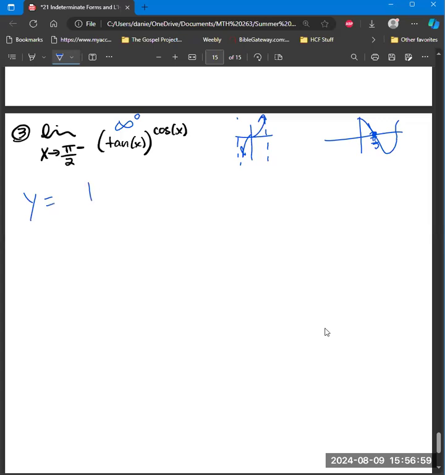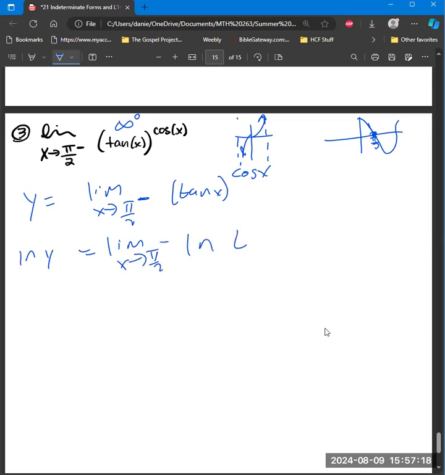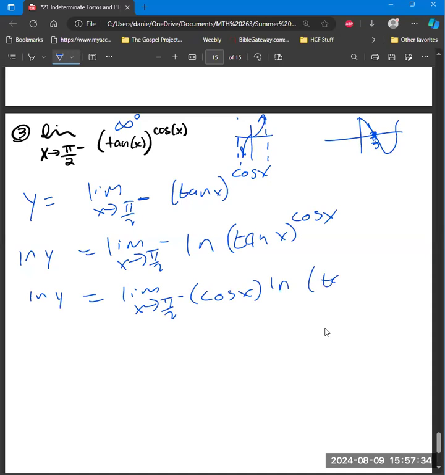So y equals this limit as x approaches pi over 2 from the left of tan x raised to the cosine x. ln y equals the limit as x approaches pi over 2 from the left of ln of tan x raised to the cosine x. ln y is equal to the limit as x goes to pi over 2 from the left of cosine x times ln of tan x, like that.